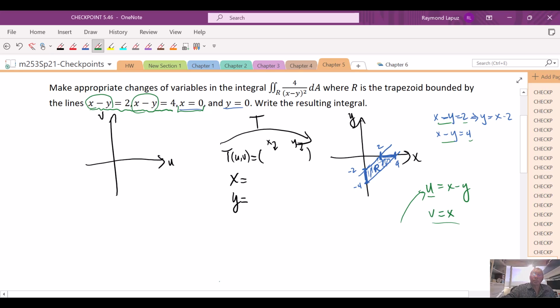We basically want to know the relationship between x and y and then u and v. So u is equal to x, which is equal to v, we said, minus y. If we solve for y, we bring y to the other side, and this is going to be v minus u. And I think that is our transformation. So x is equal to v, y is equal to v minus u.